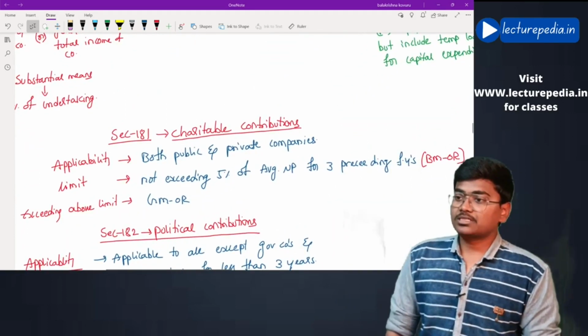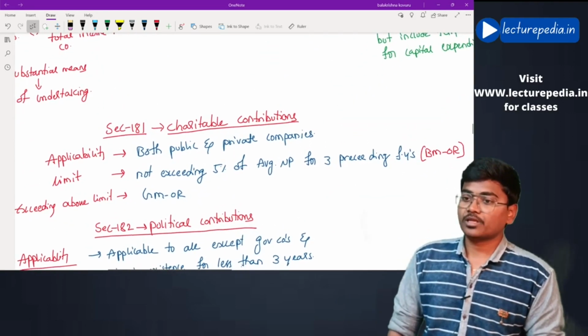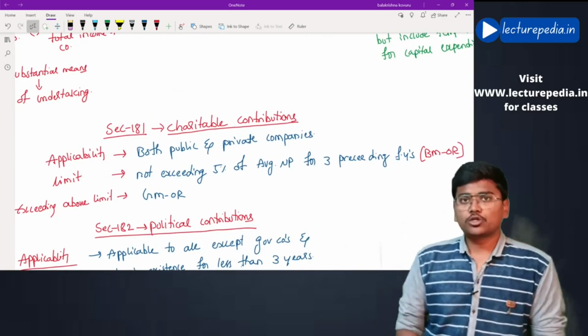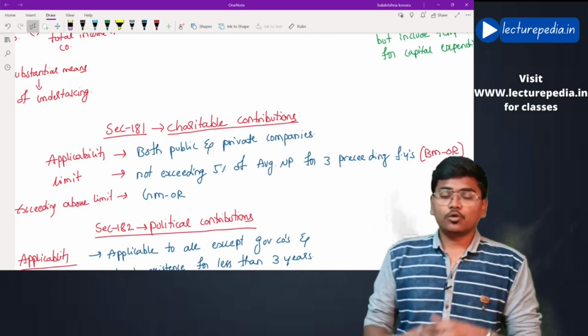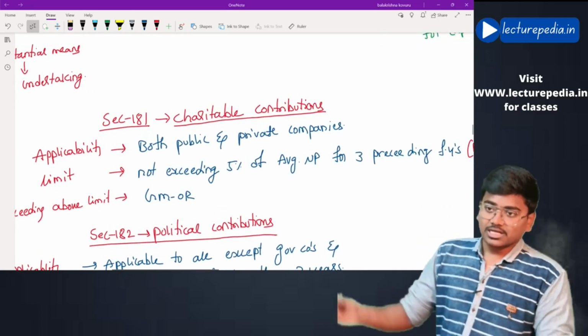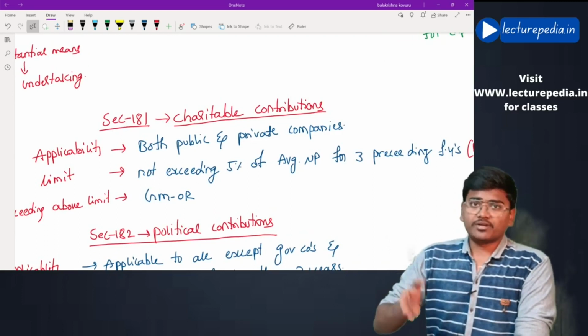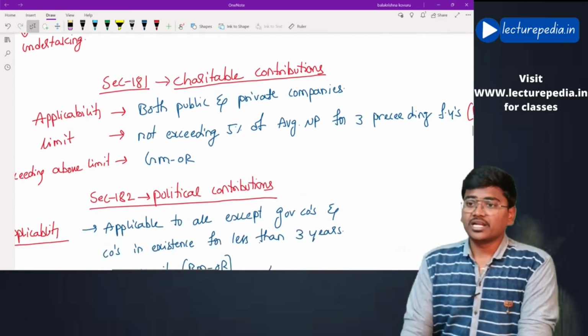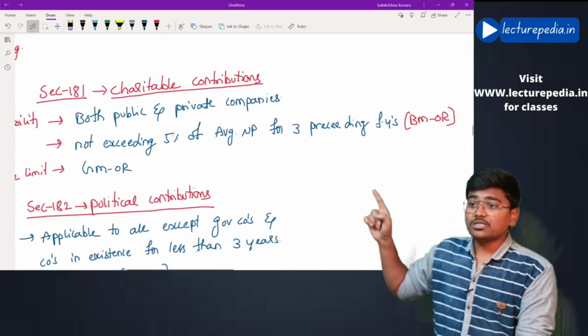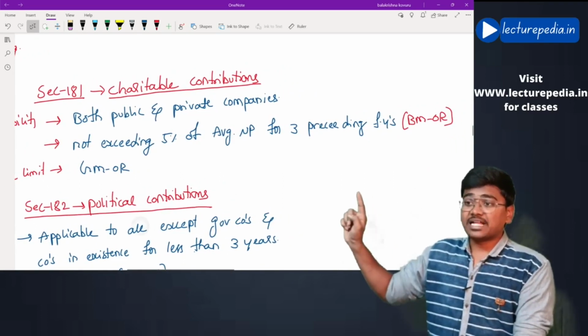Charitable contributions. If company wants to make any donations to charitable entities, then what are the procedure to be followed? What are the approvals to be taken? First of all, this section is applicable to both private companies and public companies. Limit not exceeding 5% of average net profit for 3 preceding financial years.